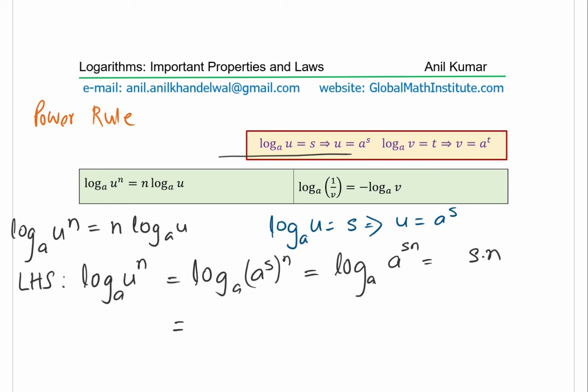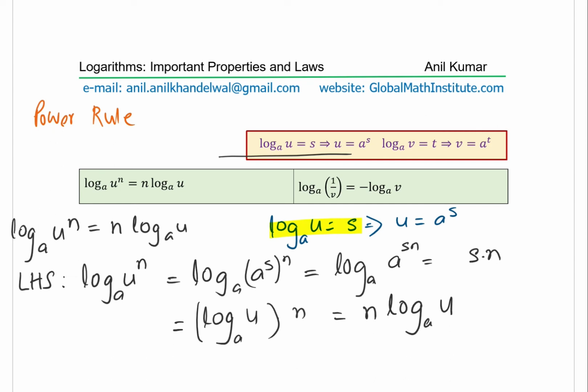Now that means s is what? Well, s is log to the base a of u, right? So we'll just write this as s, log to the base a of u, and that is n, right? So it could be written as n times log to the base a of u.